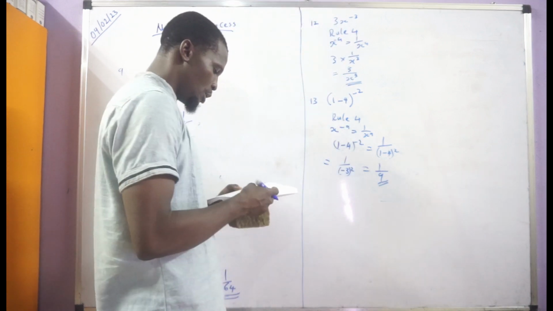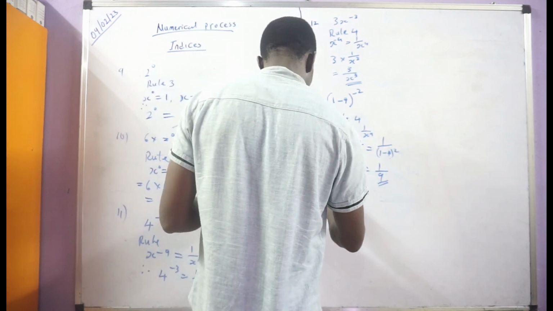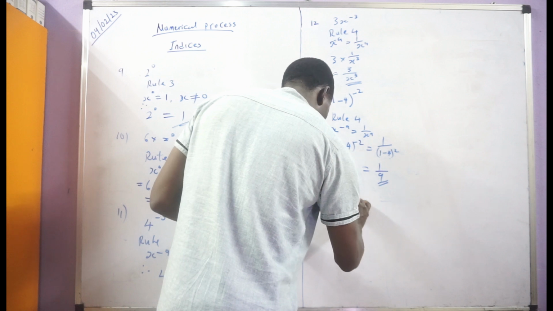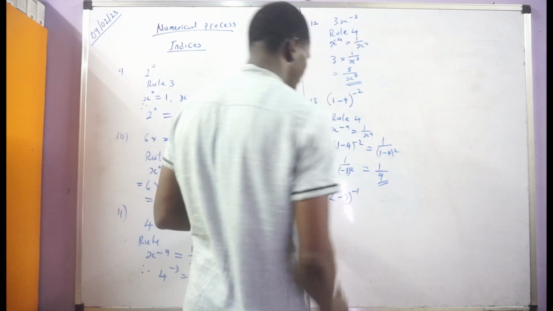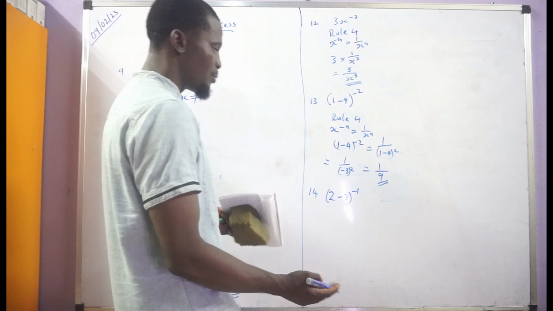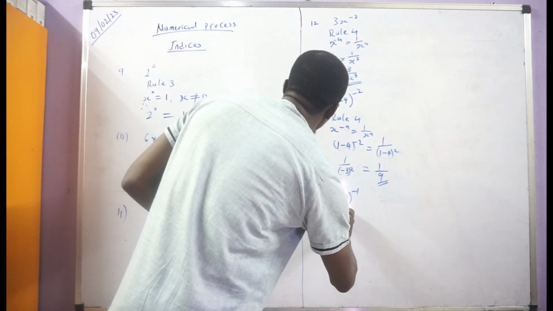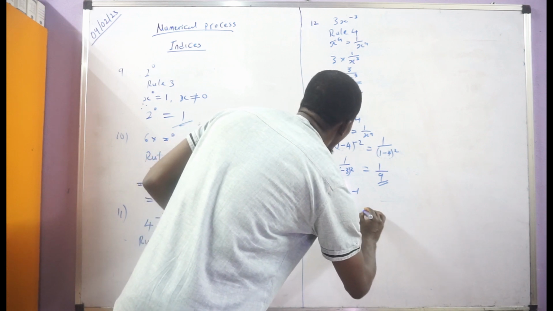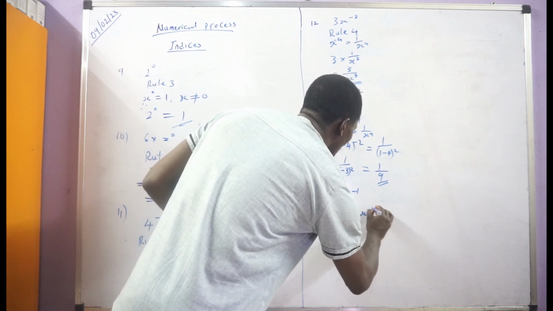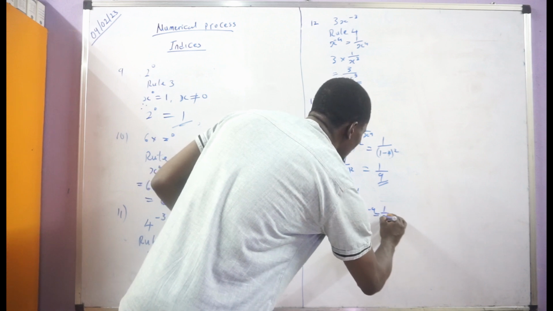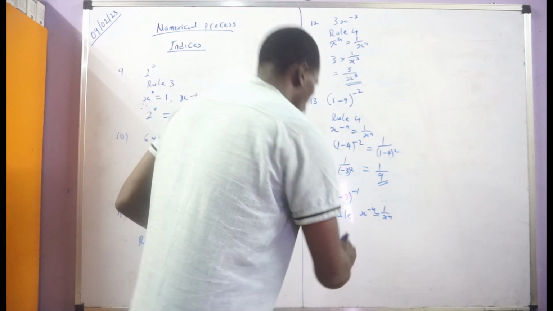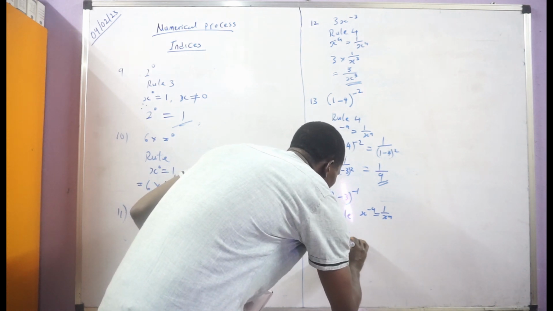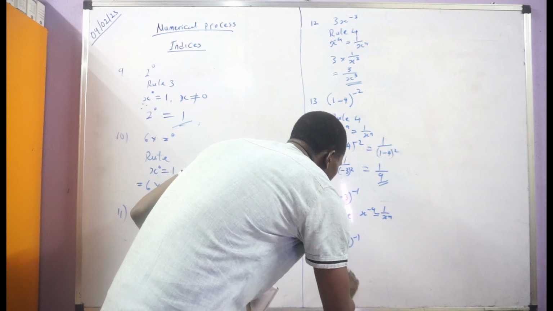That is the answer. So number 14 is 2 minus 3 raised to power minus 1. Using the same rule, which is rule 4, x raised to power minus a equals 1 over x raised to power a, this will give us 1 over 2 minus 3 raised to power 1.